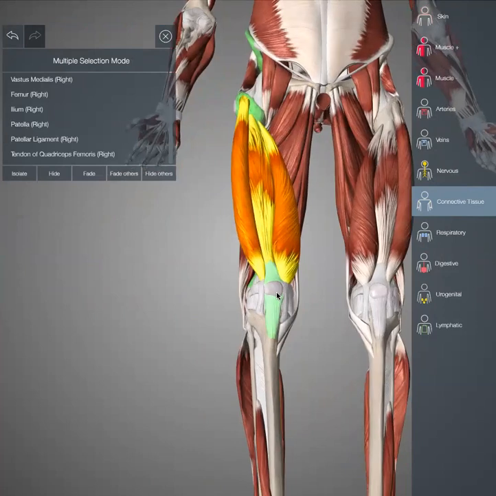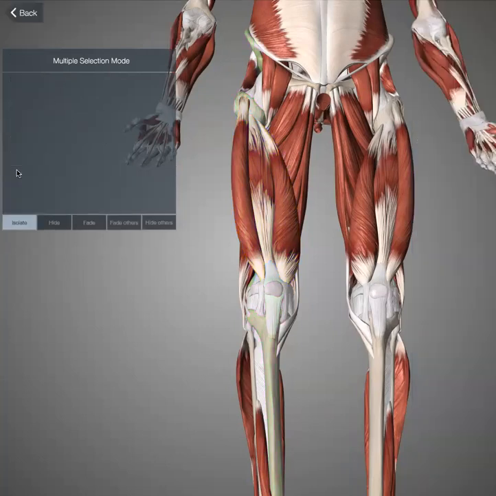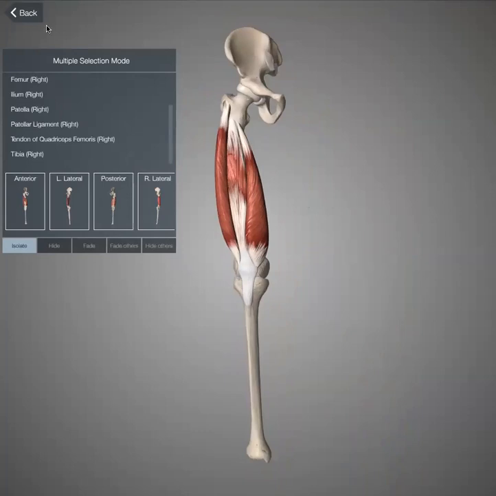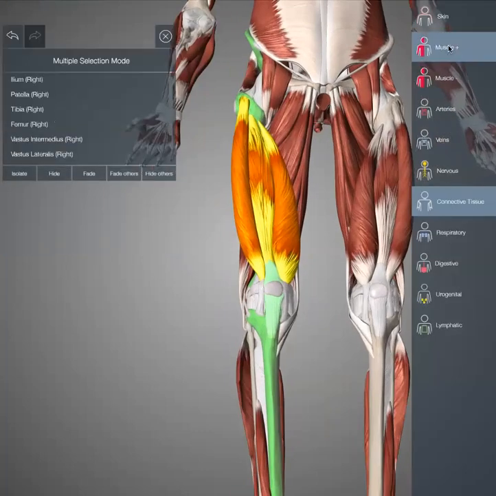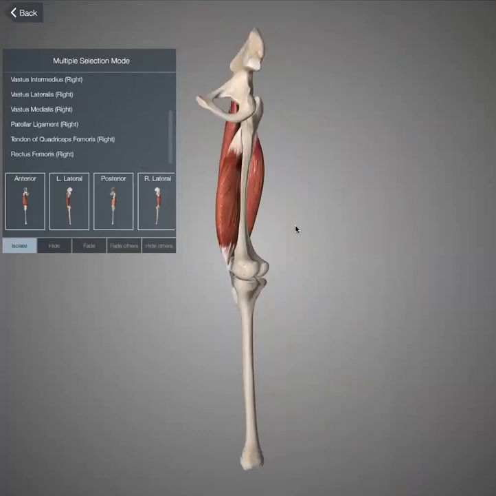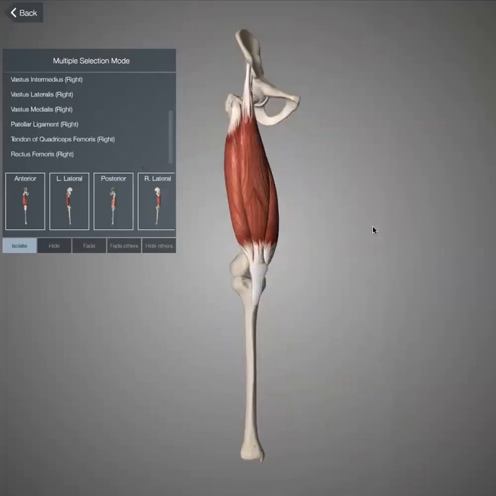These ones here. Then we get tibia, ilium. Perfect. So we isolate them. And we can see we just missed the rectus femoris. And you can see it, all of those muscles. These are the quadriceps, okay?